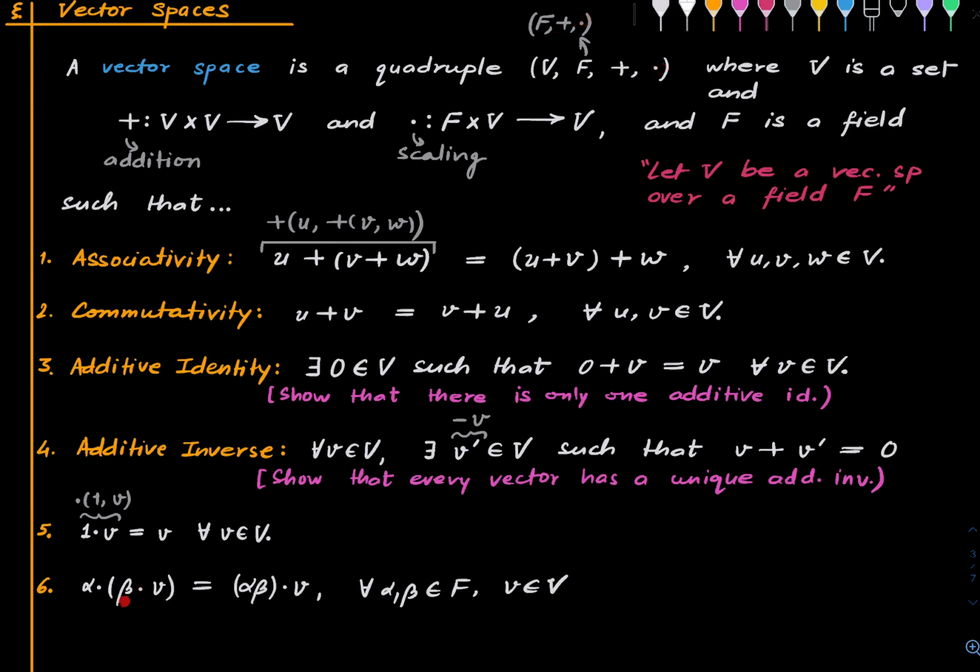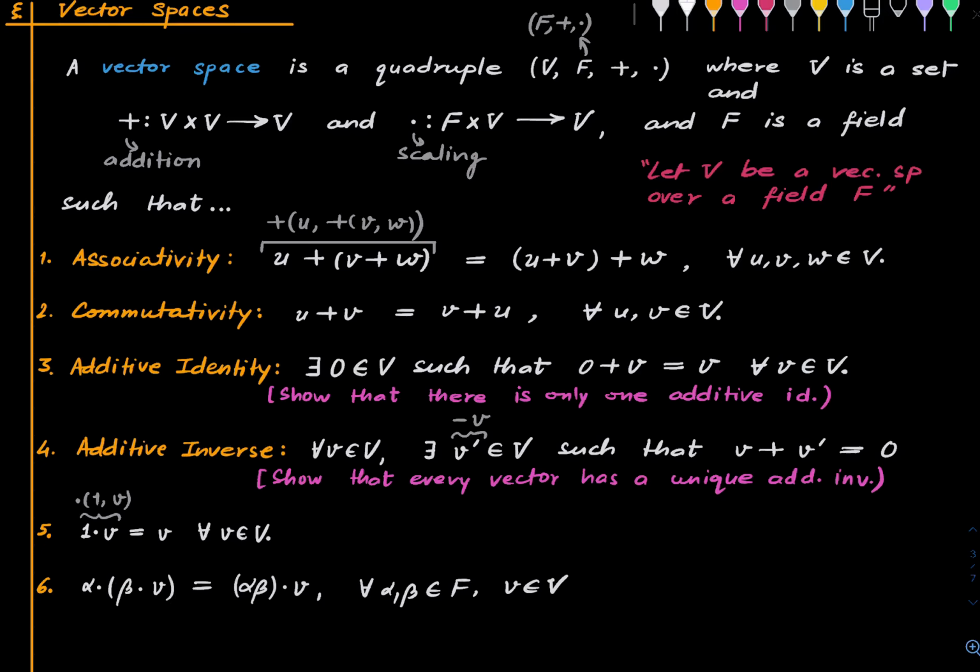So you're scaling the vector v by beta, and then scaling the result by alpha, or you first multiply alpha and beta in the field. This product is taken using the field multiplication, because you can't use the vector space dot to multiply two elements of the field. It just doesn't make sense. So you first multiply the two things in the field, and then you scale the vector v. It's the same thing, and you can think about what it means in R2.